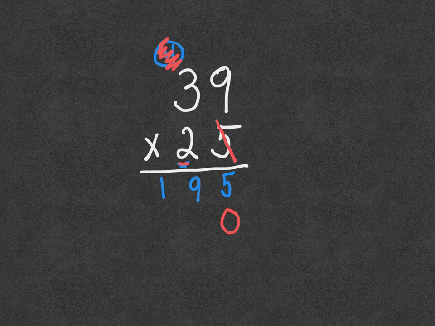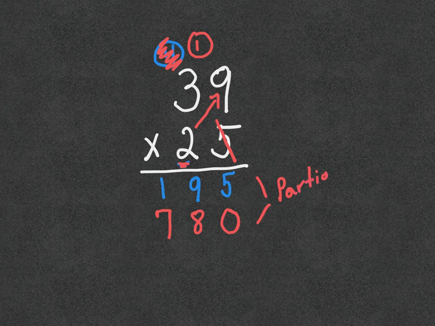Then we can go into the tens and go 2 times 9 is 18, carry the 1. 3 times 2 is 6, plus the 1 is 7. Remember, these are called partial products. What do we do with partial products? We add them. 5 plus 0 is 5. 9 plus 8 is 17.